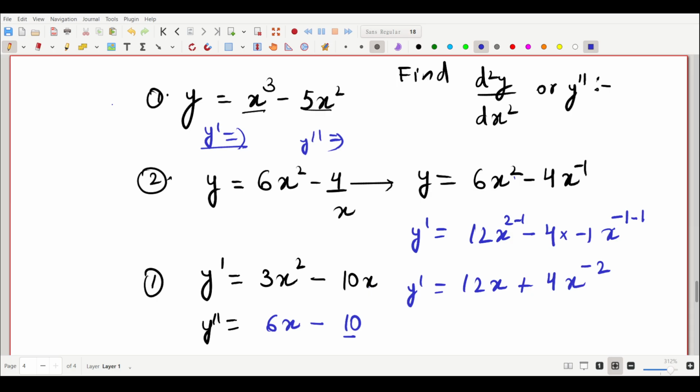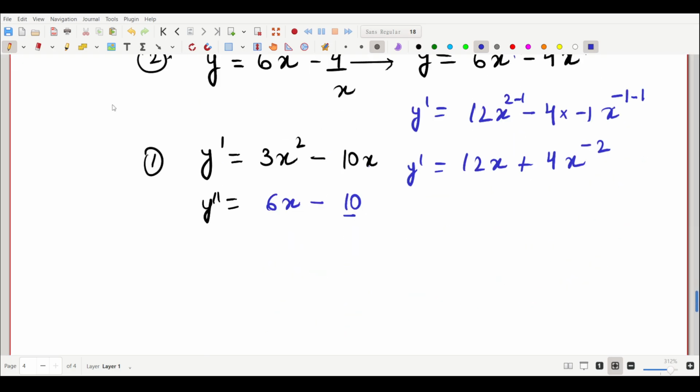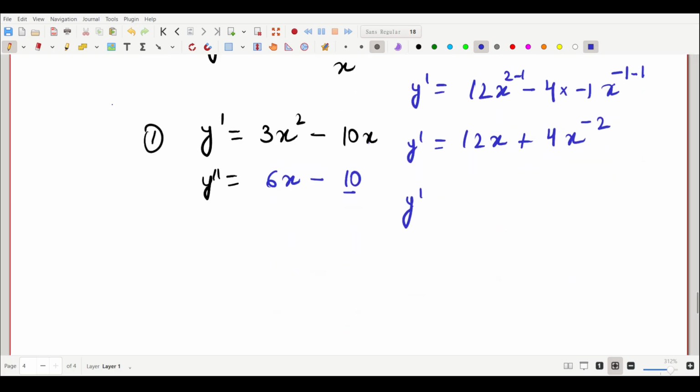We got this. But this is only a single derivative. We have to find the double derivative. Now again do it. Y double dash. 12 as it is. Derivative of x is 1. Plus 4 as it is. Minus 2 in the power will come down, minus 2, and the power of x will be minus 2 minus 1.